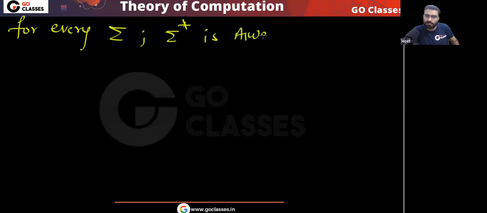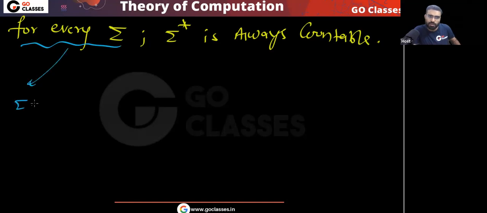So remember, this is important: for every sigma, you can take any sigma, sigma star is always countable. For example, you can take binary sigma.